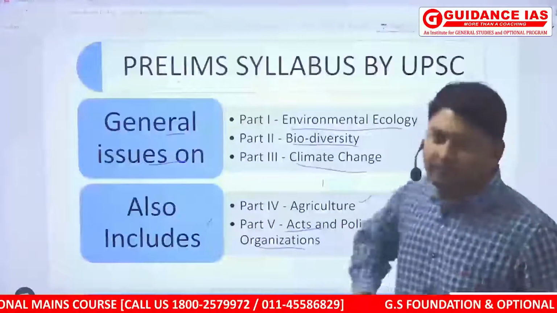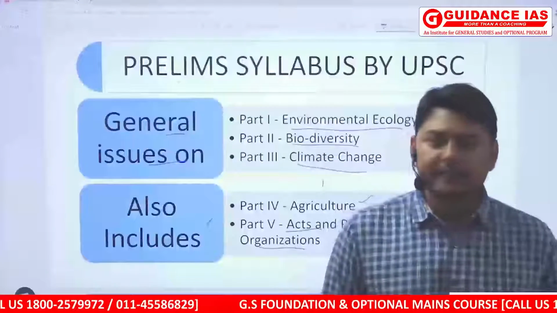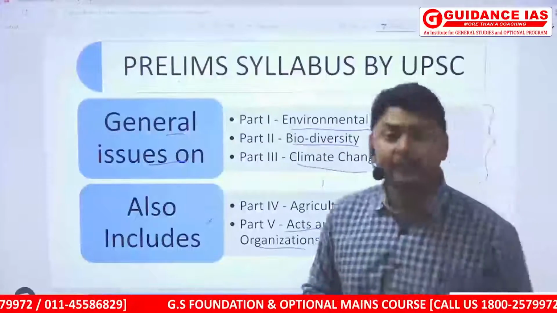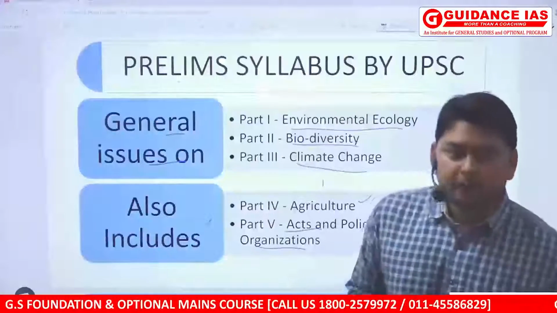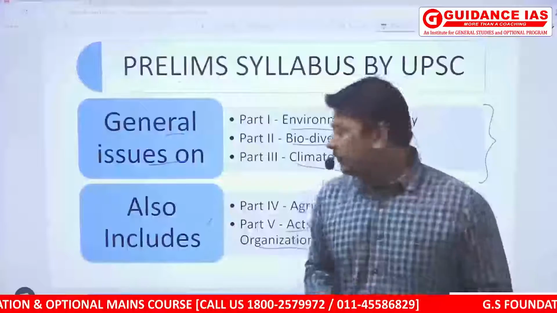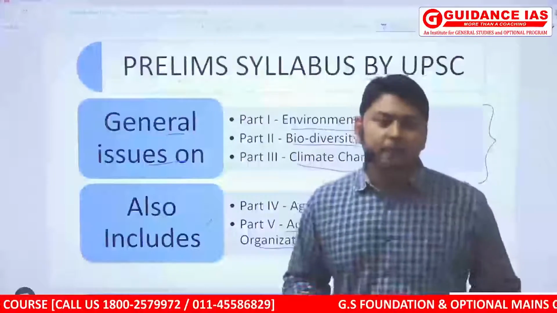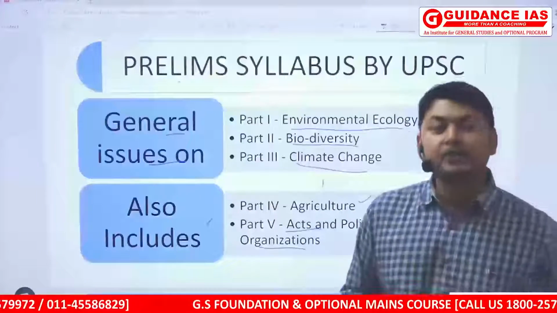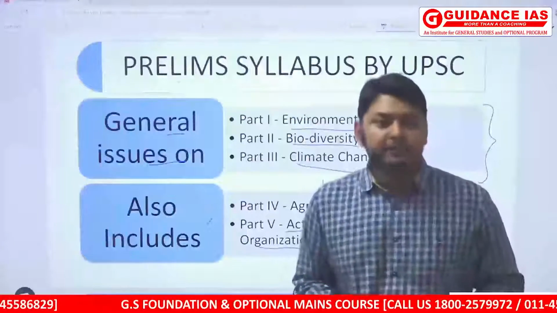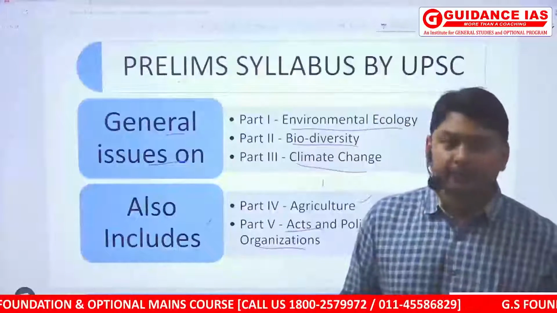In the last 3 to 4 years, we have seen an increasing trend of agriculture questions in the examination. We are going to see those questions further. There are various acts and policies formed by national governments and international bodies. There are various treaties for animals, plants, and their transboundary movement.